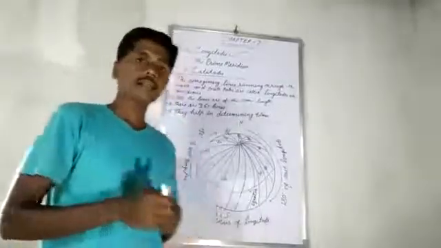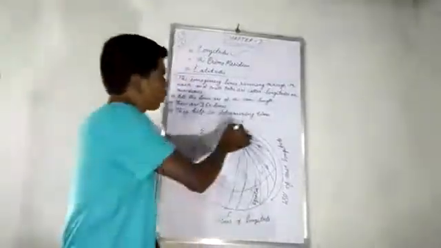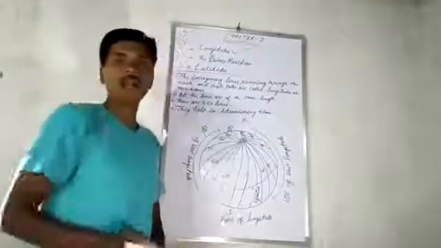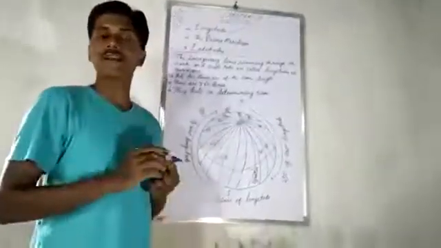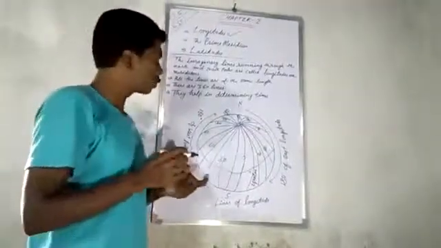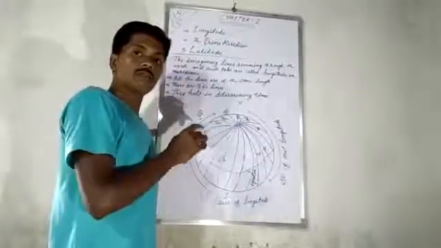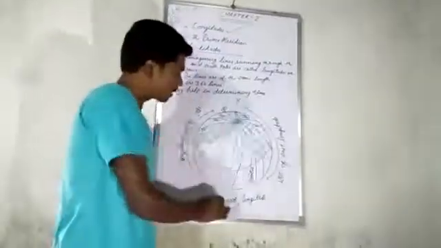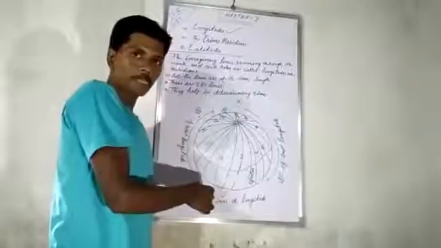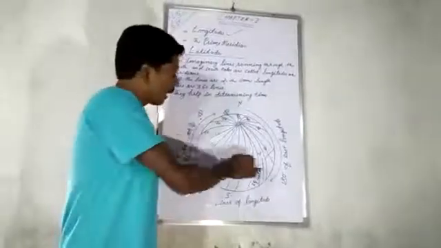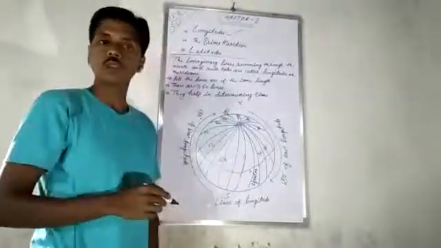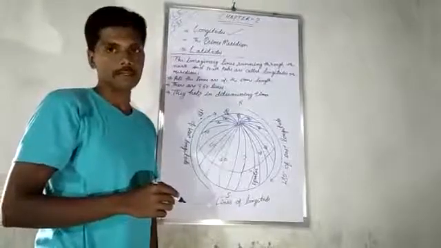We take the North Pole and the South Pole as the standard reference points and draw equal distance lines around the globe. These all lines are called longitudes or meridians.